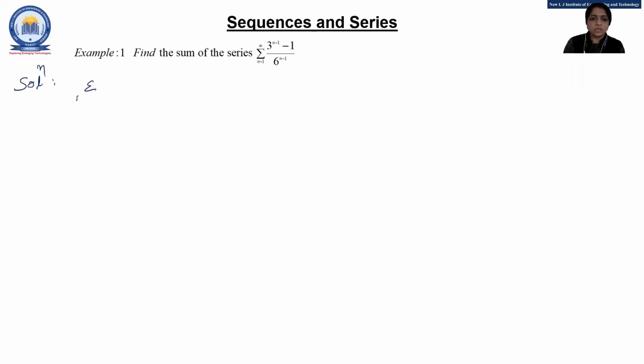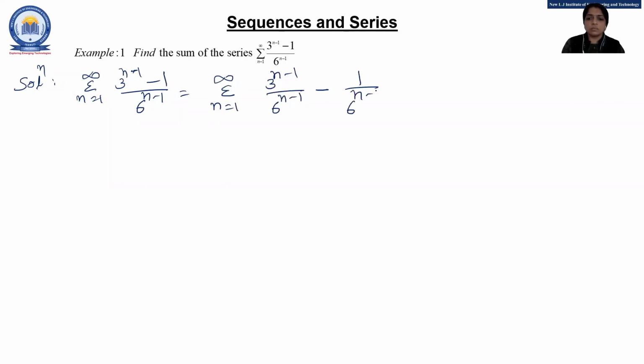As our given series is 3 raised to n minus 1 upon 6 raised to n minus 1, I divide it by individual term, that is summation n equals 1 to infinity of 3 raised to n minus 1 upon 6 raised to n minus 1 minus 1 upon 6 raised to n minus 1.